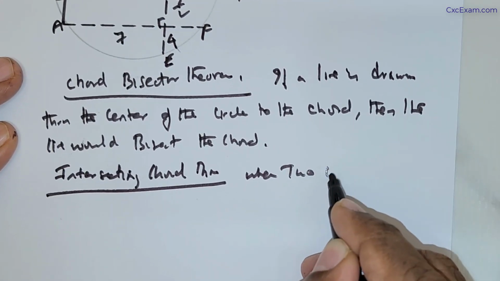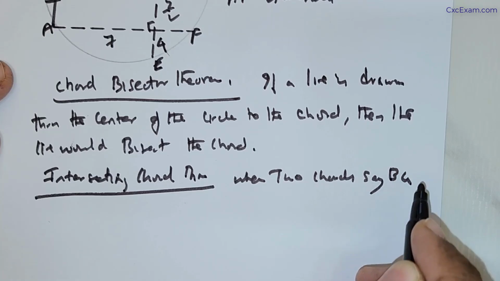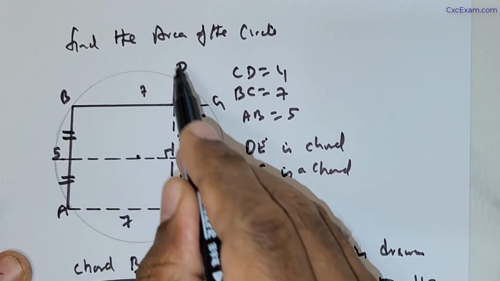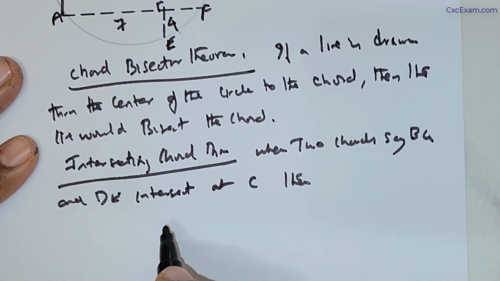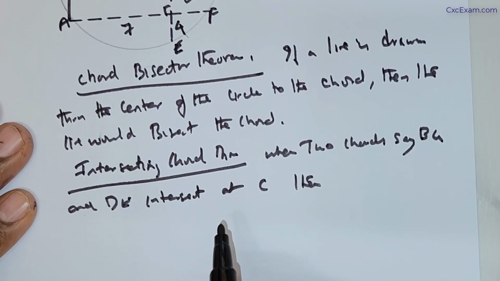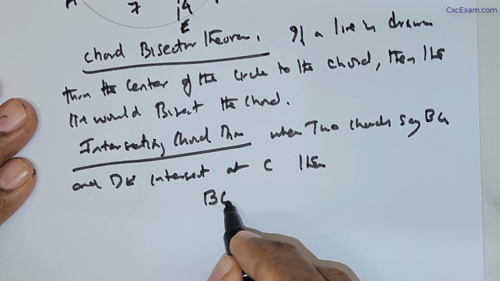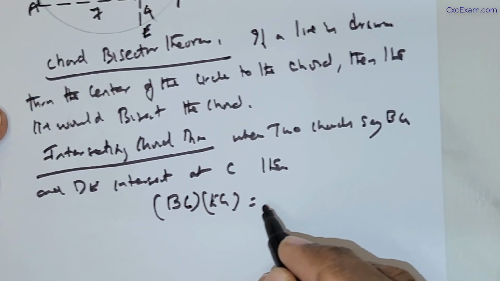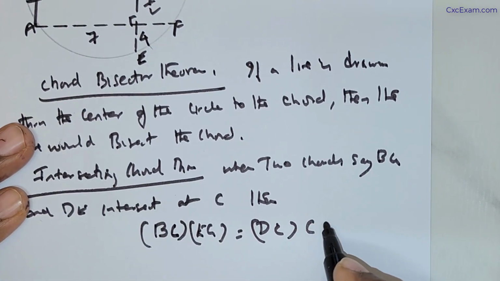When two chords, say BG and DE, intersect at C, then the length of the chord BC times CG will be equal to DC times CE.